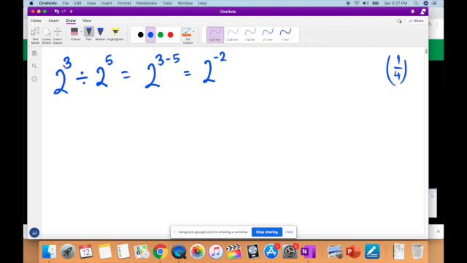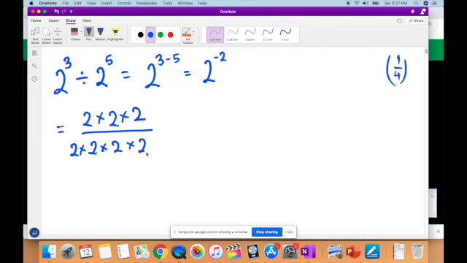So I have 2 to the power of 3, right? So that's 2 multiplied by itself 3 times. And then I have divided by 2 to the power of 5, 2 multiplied by itself 5 times. And now things could start to cancel. Look what I have.